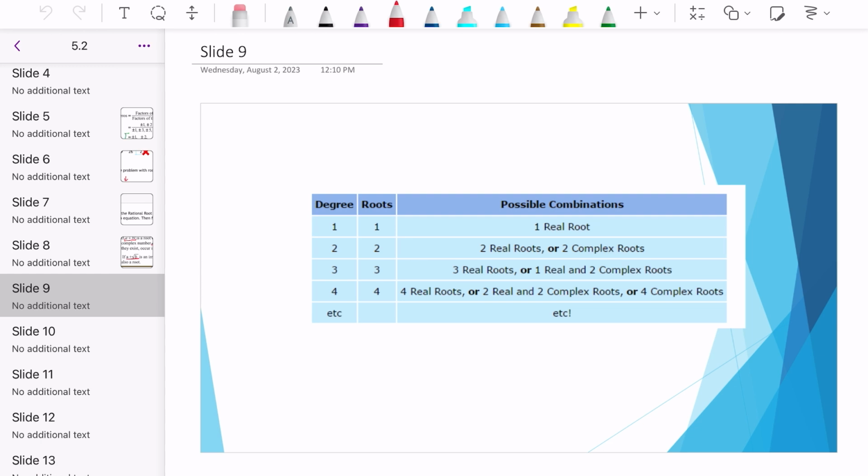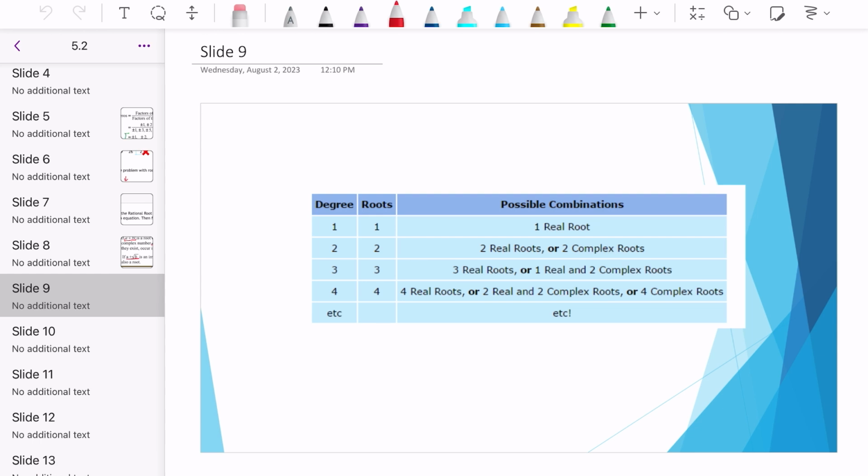If you have something to the square power, to the second power, you would have 2 answers as your roots. It could be 2 real roots, meaning positive or negative integer, 0 or some form of fraction or decimal, or 2 complex roots, meaning square roots, or working with i.